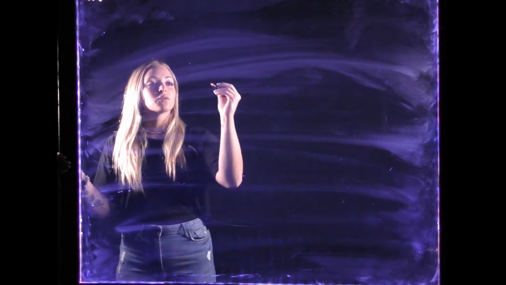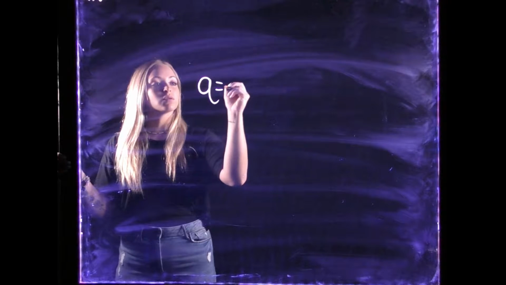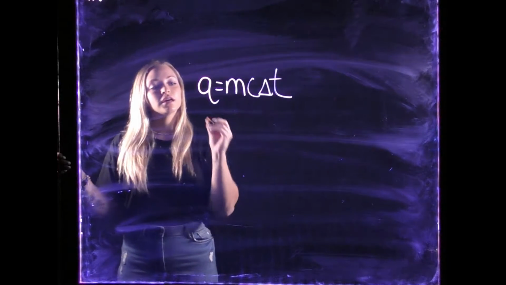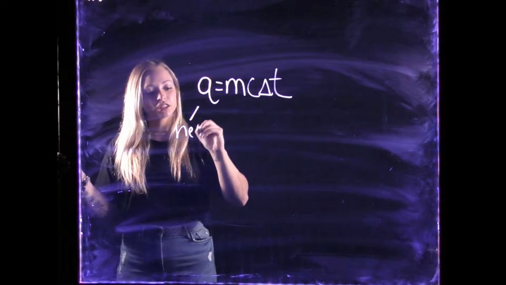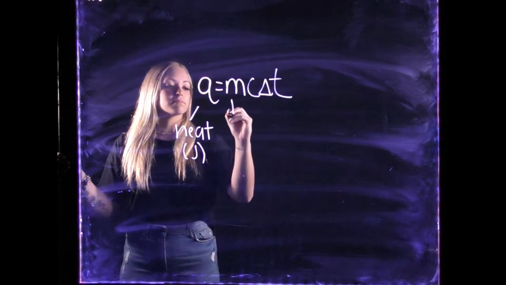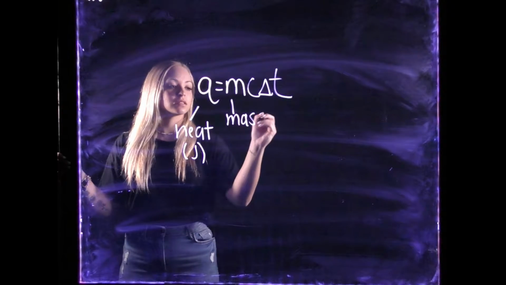Now let's break down the equation Q equals mc delta T. Q is the heat measured in joules. M is mass measured in grams.